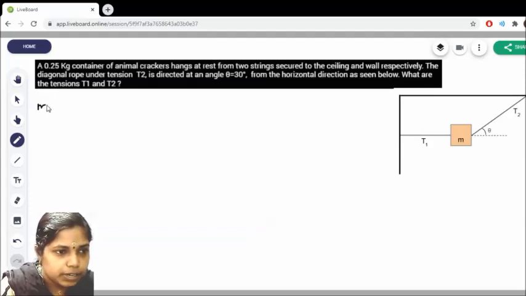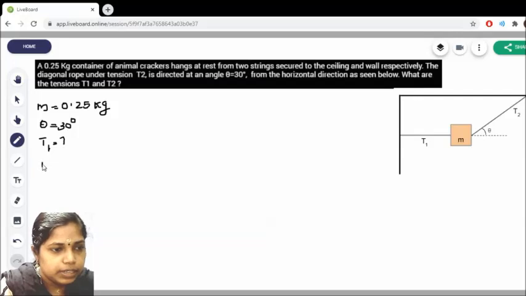Before that, let's write all the parameters. The mass of the box is given and the angle theta is given as 30 degree. We have to find out two things: the tension T1 and T2.